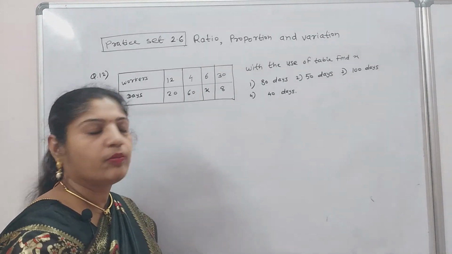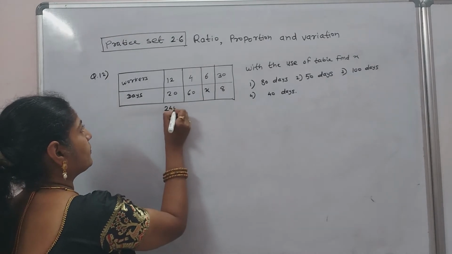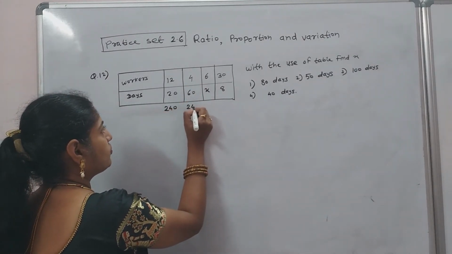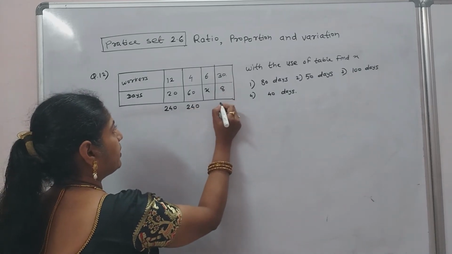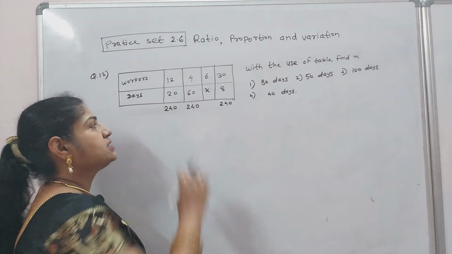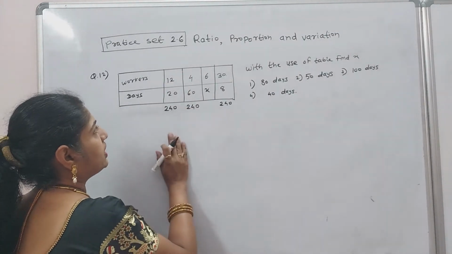Now check the multiplication. 12 into 20, 240. 4 into 60, 240. 30 into 8, 240. The multiplication of two quantities is equal. So this is an example of inverse variation.